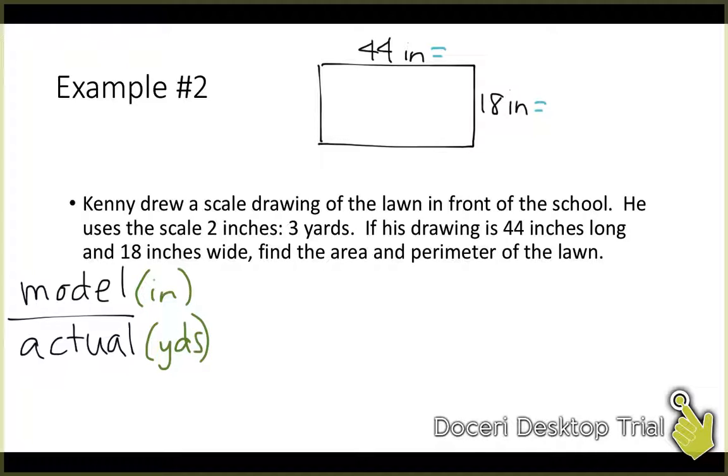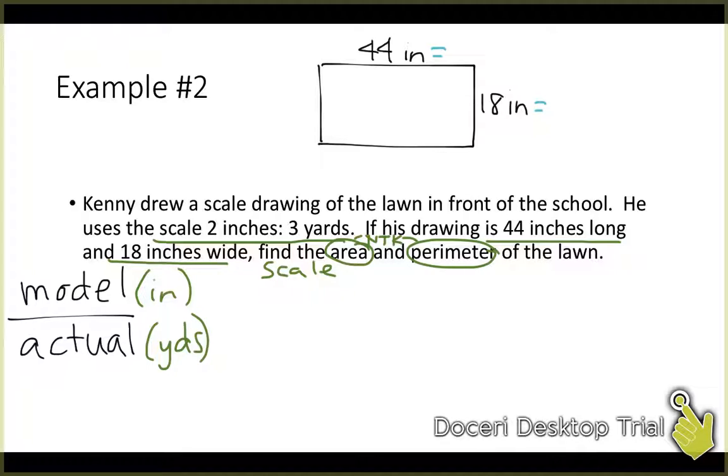My first fraction is always my scale fraction. If I annotated this, which I was supposed to, I should have said the scale is 2 inches to 3 yards, and I also know that my drawing is 44 inches long and 18 inches wide. I need to find the area and perimeter, so I'm trying to find two different things. I need to know both of those.